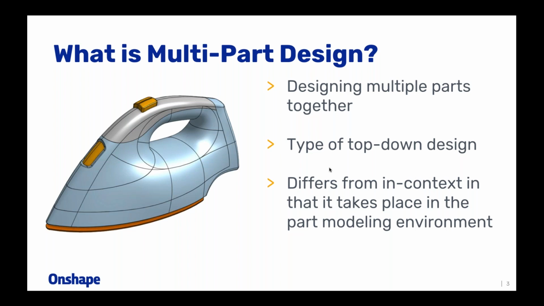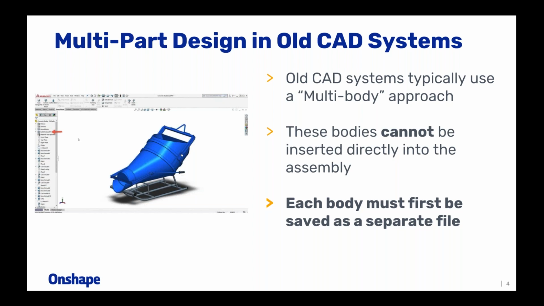And in old CAD systems, what you had was what's often referred to as a multi-body approach. So you can create multiple solid bodies within a single part. That's the common workflow in something like SolidWorks, for instance. In the screenshot on the left, you can see there's a concrete bucket designed in a single part in SolidWorks.